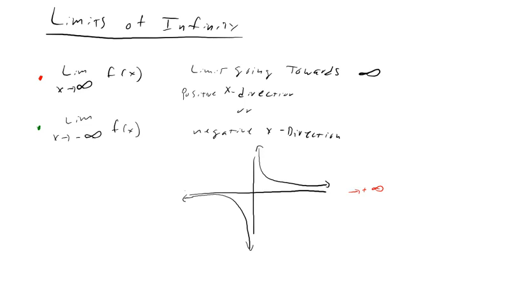So if you're approaching positive infinity, you're wondering, what is the graph doing? What is the function doing? This is f of x. What is the function doing as the x value gets bigger and bigger forever towards infinity?